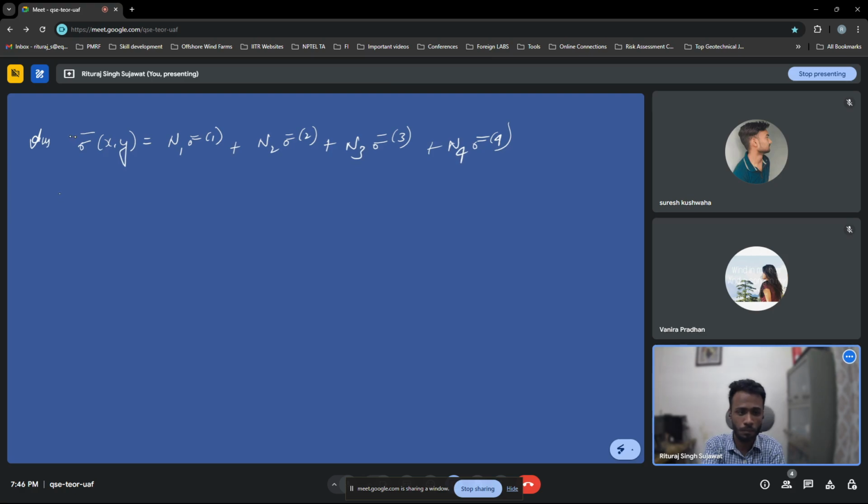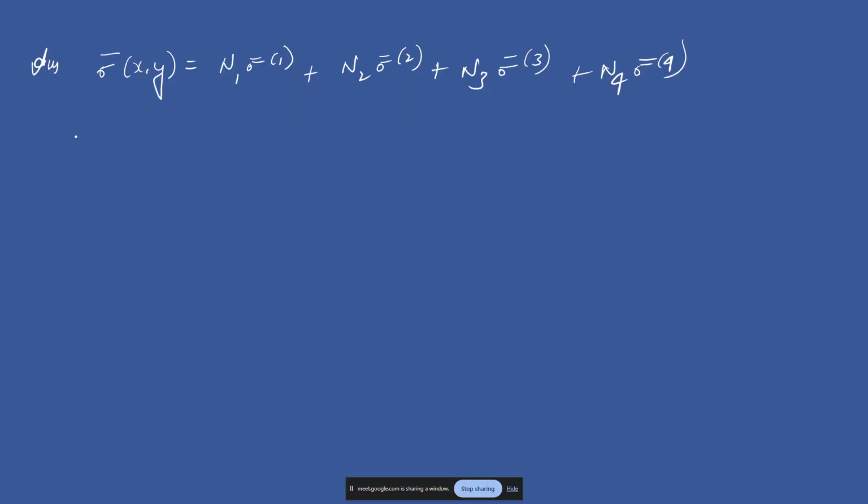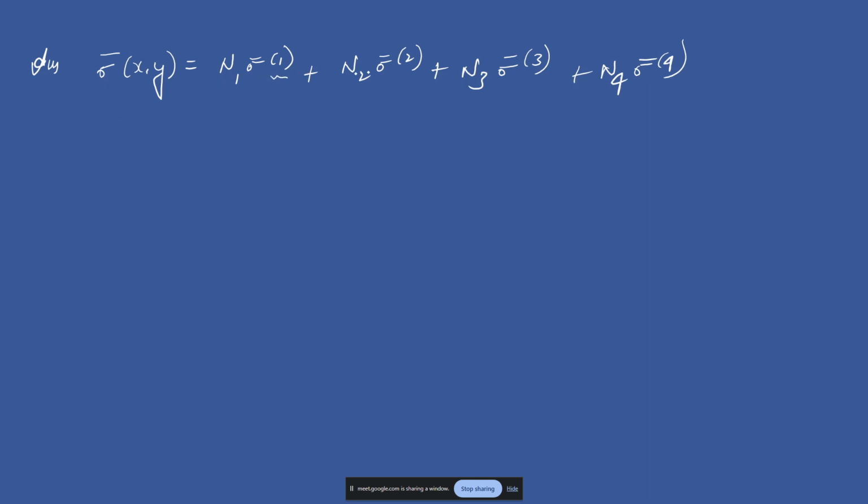So how are we going to do that? So this corresponds to node 1, node 2, node 3, node 4.